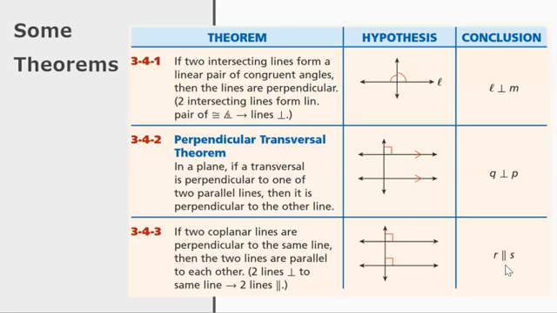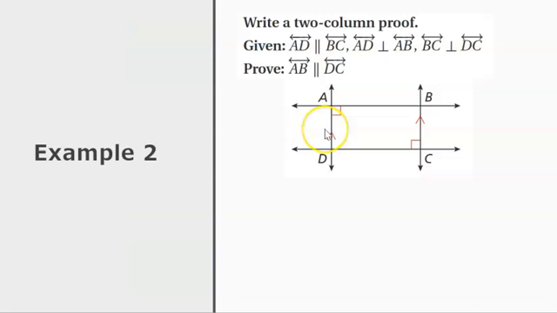Okay, so we're going to take a look at an example, which is a proof where we're going to apply some of these theorems. In example 2, it asks us to write a two-column proof. It says given line AD is parallel to line BC, line AD is perpendicular to line AB, and line BC is perpendicular to line DC.